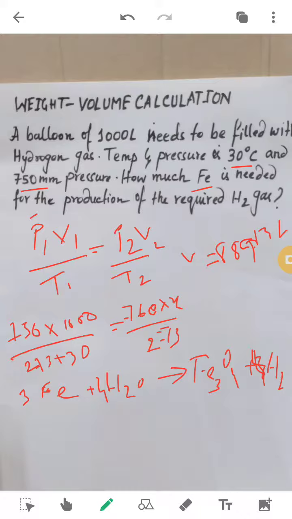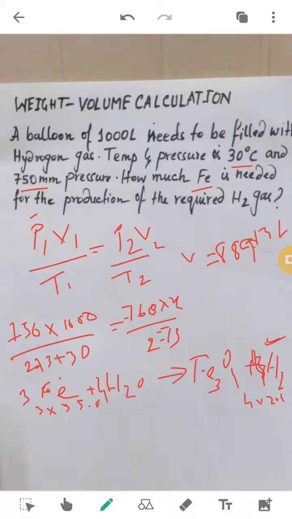See, hydrogen is in liter, so I'll write it in liter, and iron is a solid, so I'll write it in grams. From the reaction, 4 into 22.4 liter of hydrogen is obtained from 3 into Fe, whose atomic weight is 55.8.